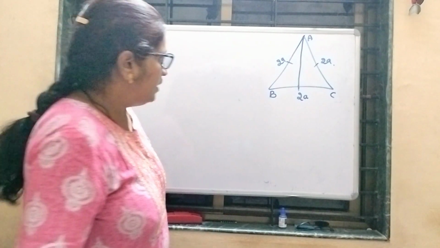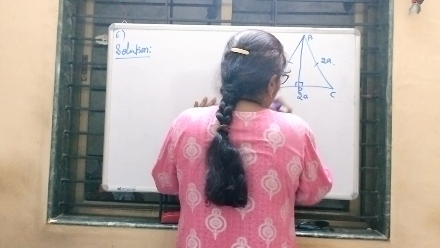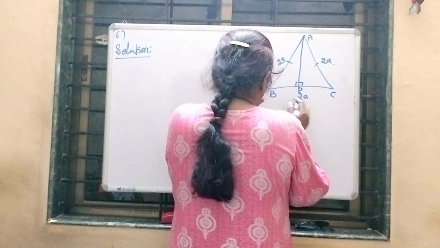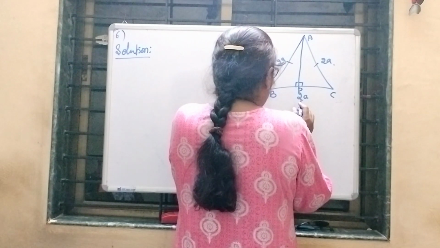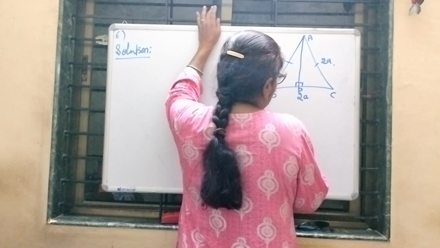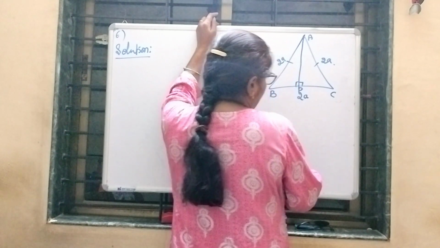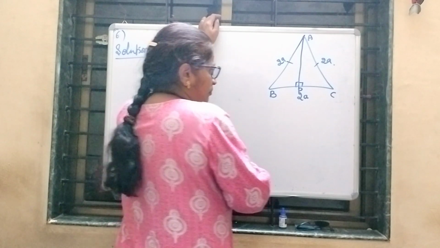So to find the altitude. Altitude means it will be always perpendicular to the base. I can call it as P now. So when AP is the altitude, it is perpendicular. Then we can take this as AP only, and this will be half. In an equilateral triangle, the altitude bisects the opposite side.